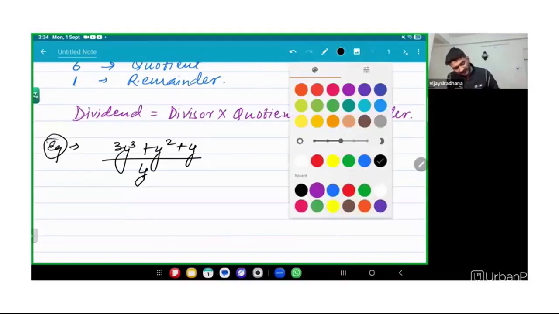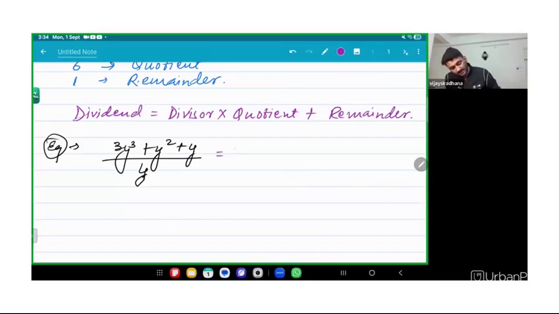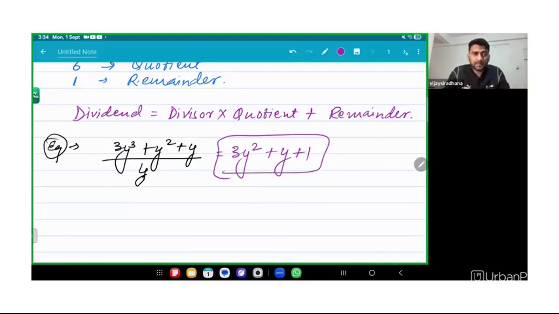Whenever we divide this, we get the answer 3y square plus y plus 1. You don't see any remainder over here, right? That means the divisor is completely dividing the dividend, isn't it?